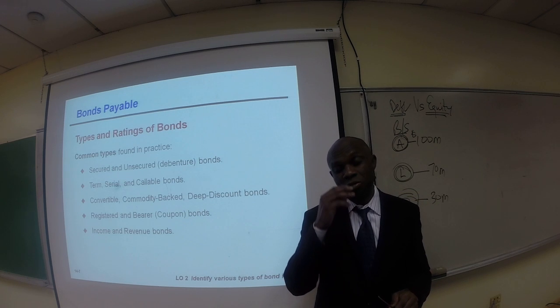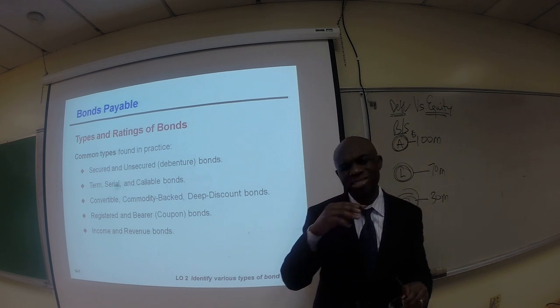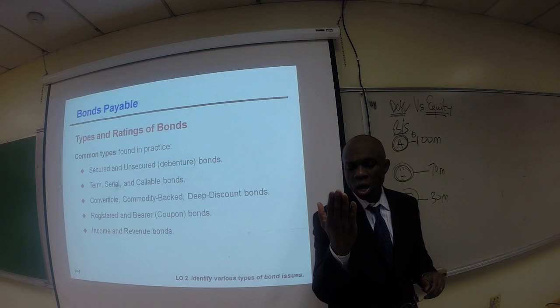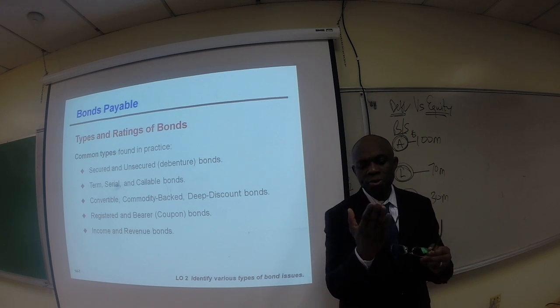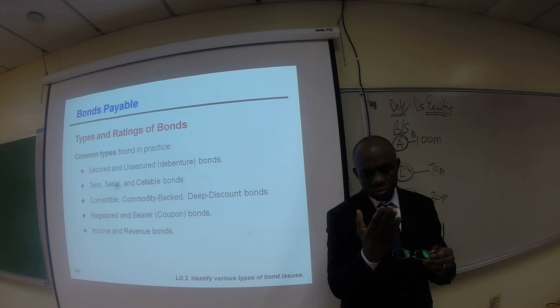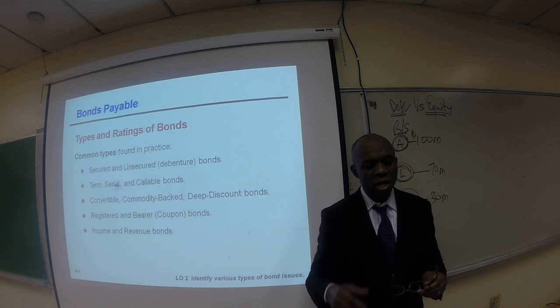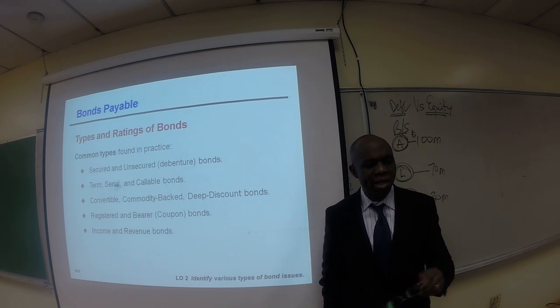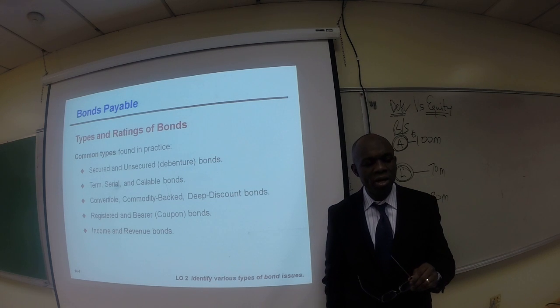For example, United States Series EE. You buy a bond, the face value is $100. You actually pay $50. At maturity, the value becomes $100. We're going to talk more about that eventually. Then we have registered and bearer bonds.